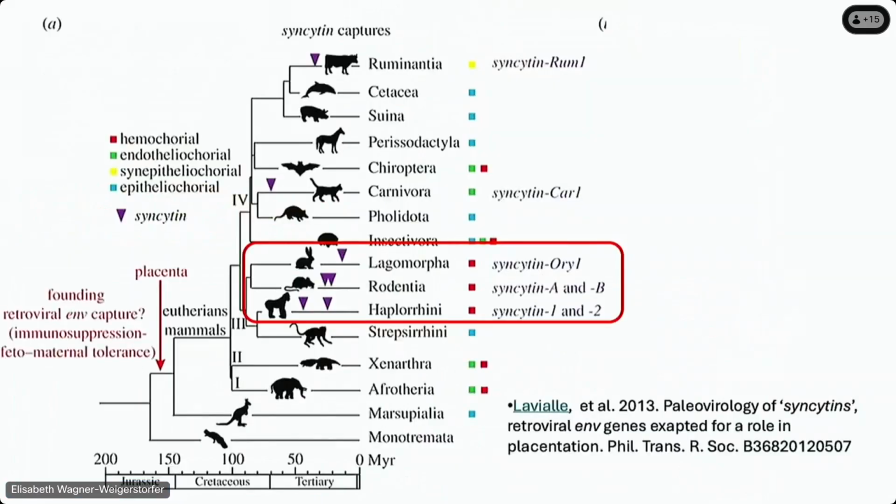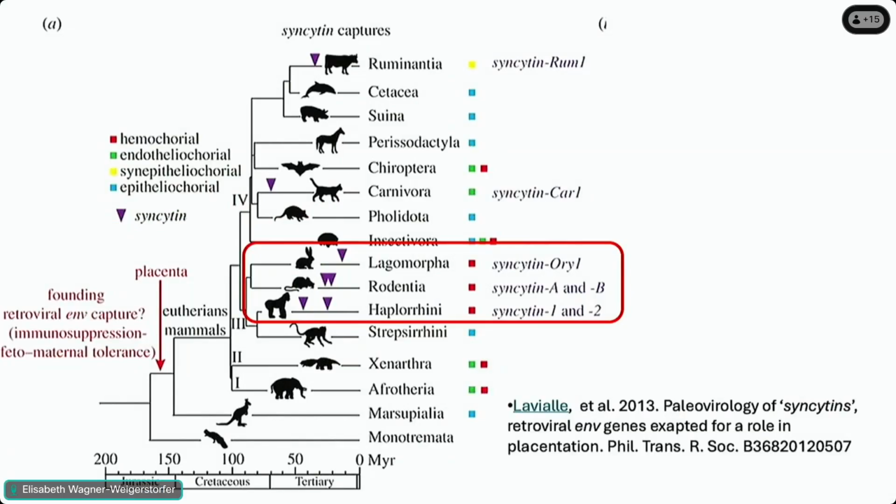And it actually turns out that this capture of retroviruses with this envelope protein happened multiple times independently, so that in the primates, two events occurred where syncytins evolved or invaded the primate genome independently.